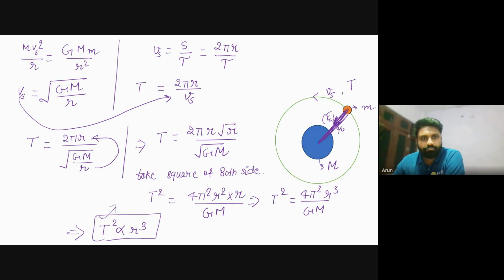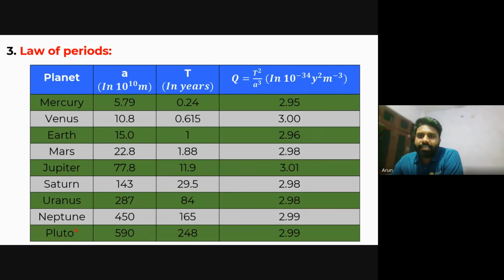Now, there are some different time periods given for different planets in our solar system. Like for Mercury, the semi-major axis is 5.79 times 10 raised to the power 10 meter. For that, the time taken is 0.24 years.